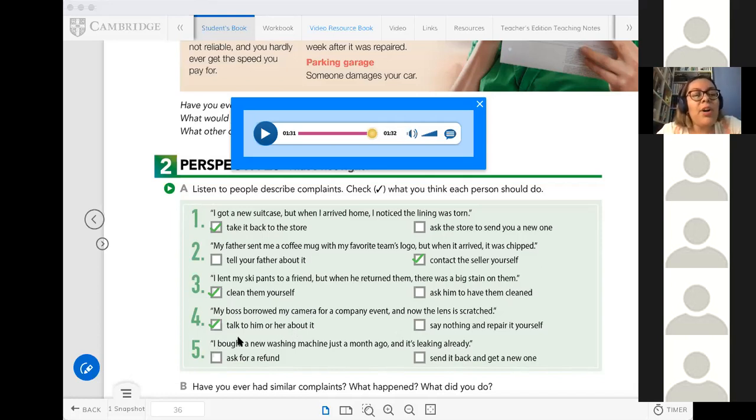Now, number five. I bought a new washing machine just a month ago and it's leaking already. Ask for a refund or send it back and get a new one. Send it back and get a new one. Okay, and what's the difference between send it back and get a new one and ask for a refund?